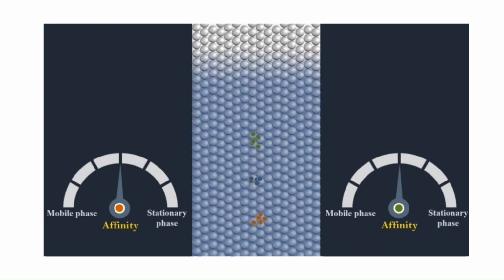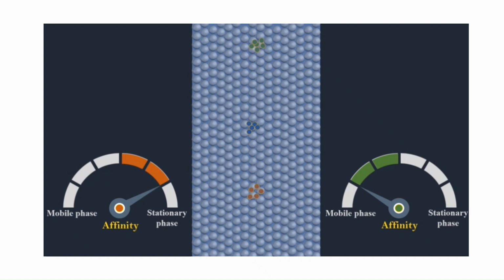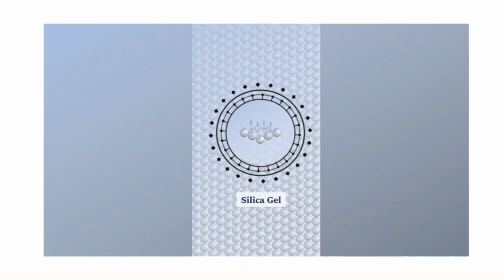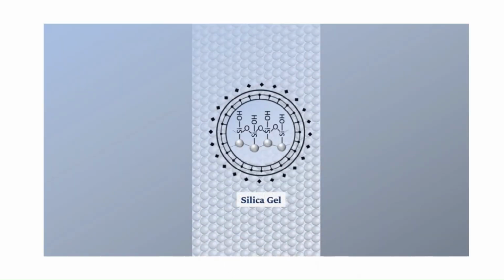Now with the solvent, our components are running towards the upper side. As you can see here, there is a polar solvent and non-polar solvent. Based on the polarity, components will run.